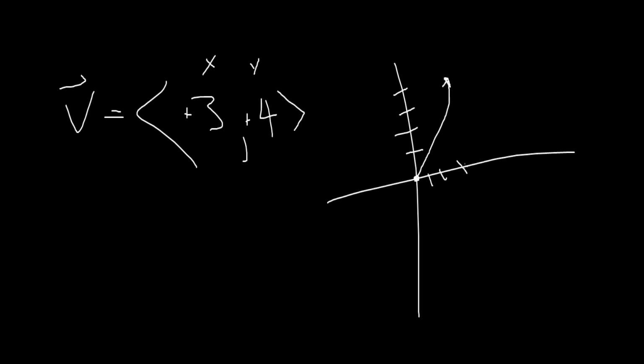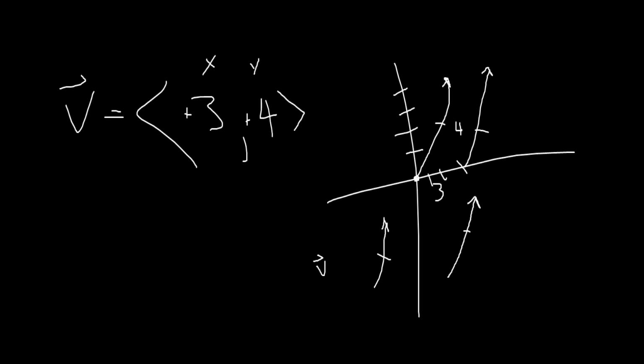Now it doesn't have to be on the center when it starts. It just needs to have the movement that matches that amount. So it doesn't matter if the vector's here, here, here, or here. These would all be represented by V. So we're just moving 3 to the right and 4 up. As long as it's doing that, it can be representative of V.